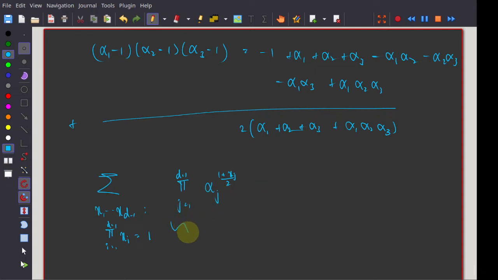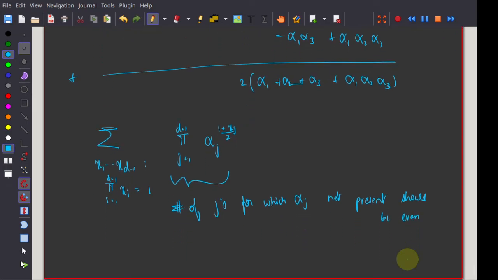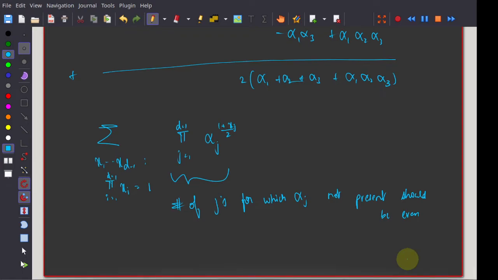So in each of these, the number of j's for which alpha j is not present should be even, correct? Even. Let's think about it.